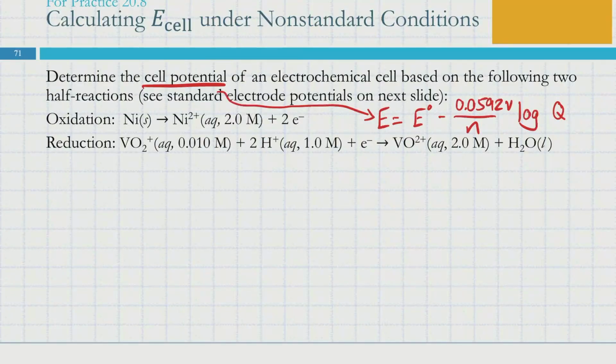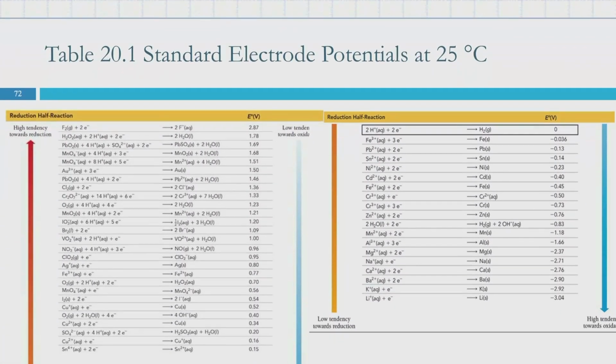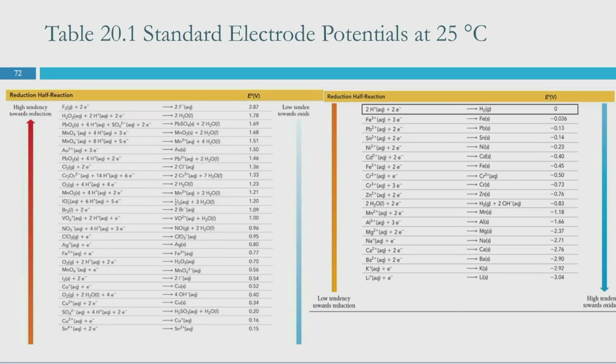So we've got nickel and nickel 2 plus, and VO2 plus and VO2 plus. Let's find those here. Nickel, nickel 2 plus, VO2 plus, VO2 plus.